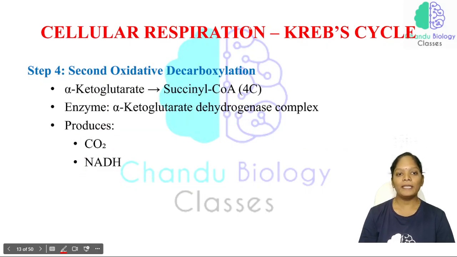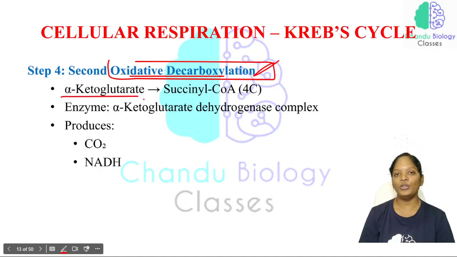And the fourth step, the second oxidative decarboxylation reaction, is alpha ketoglutarate converting into succinyl CoA, which means the 5 carbon converts into a 4 carbon. And what is the name of the enzyme? Alpha ketoglutarate dehydrogenase complex.